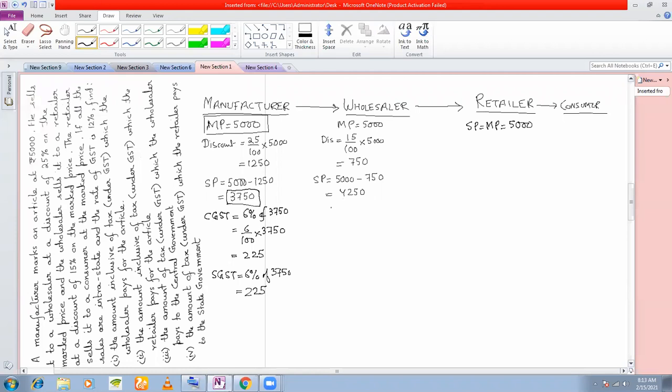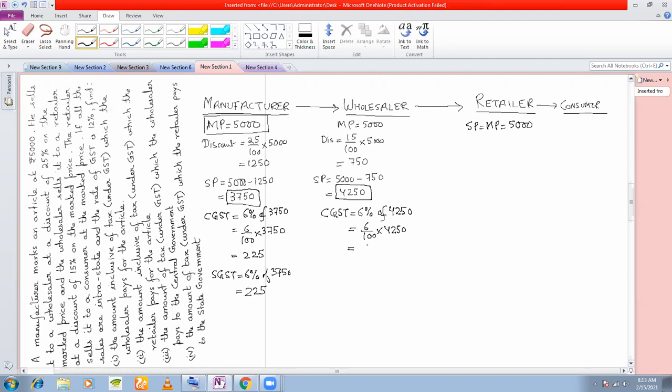Now wholesaler CGST is again 6% of his selling price. What is his selling price? 4,250. So this comes to 6 by 100 into 4,250.